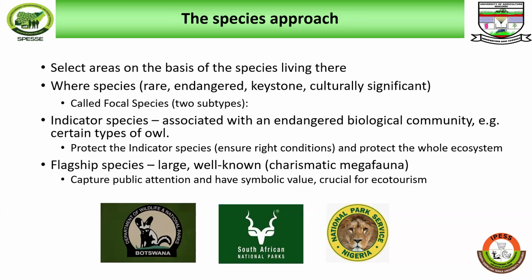There are several: the National Park Service of Nigeria, South African national parks, and the Botswana Department of Wildlife and National Parks. So basically, the species approach is about species. You capture public attention, and it will have symbolic value in terms of ecotourism.